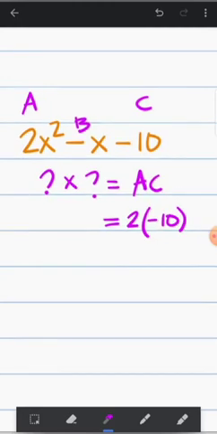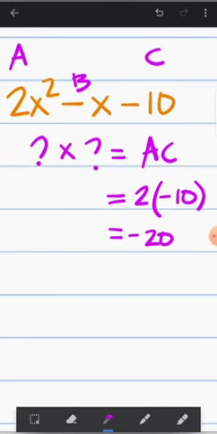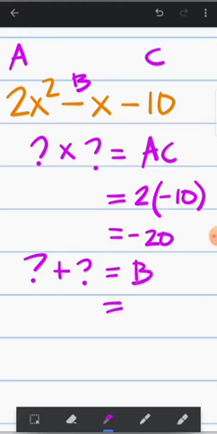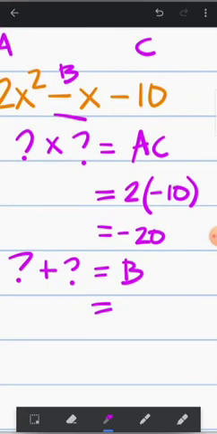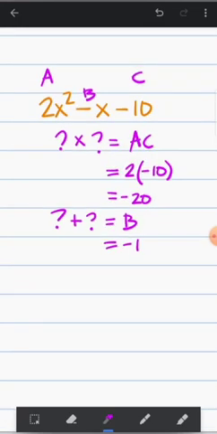So we need to find two numbers that if you multiply together will give us negative 20. And then, if we add together those numbers, it will give us B, which in this case is negative 1. So that's the AC method.